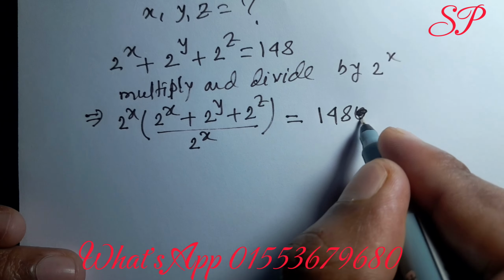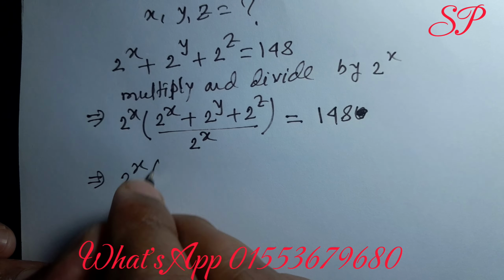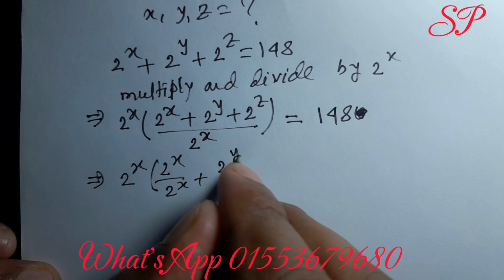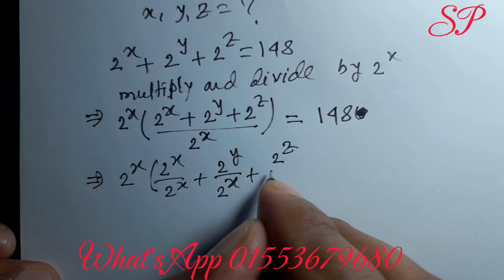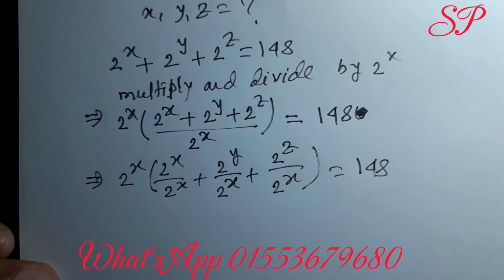And we can write 2^x by 2^x plus 2^y by 2^x plus 2^z by 2^x is equal to 148.